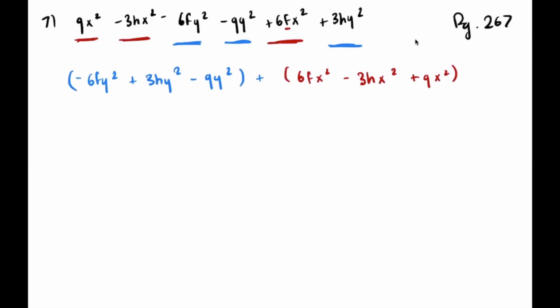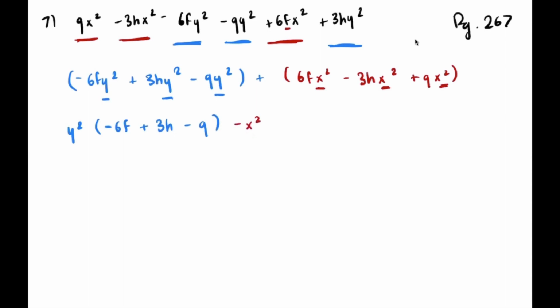So what we will do for the first one, what is the greatest common factor between them? It is y squared. Okay, so I write y squared out, then negative 6f plus 3h minus g. Then we move on to the second one. And also make sure that the signs after you factor will be the same. So the greatest common factor is x squared, so minus x squared.